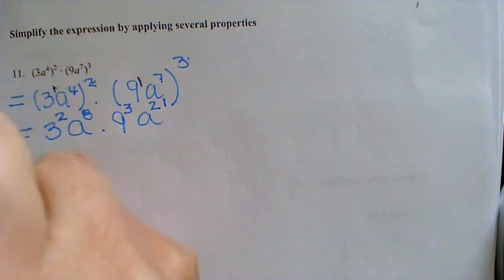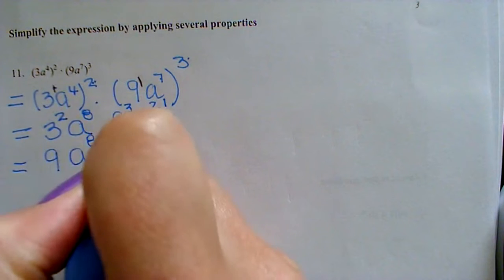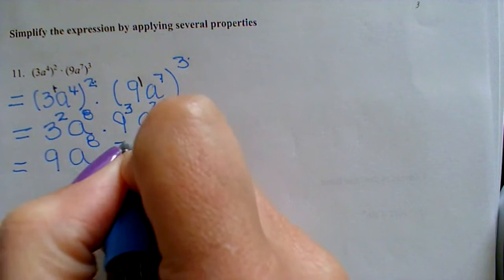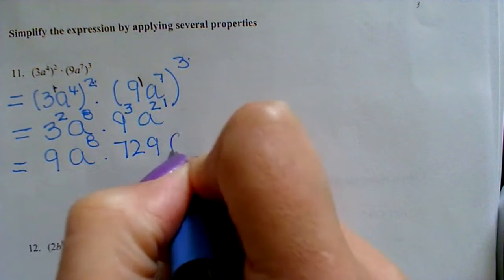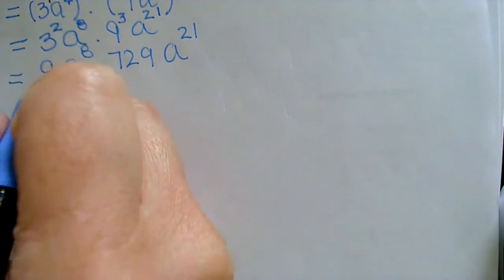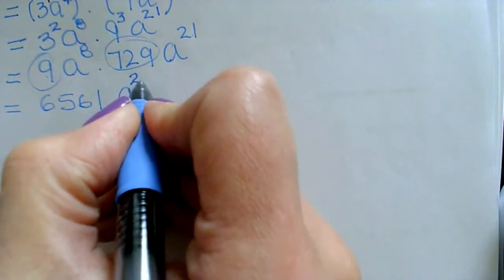All right? So this would be what? 9 times 9, 81, 81 times 9 is 729. So I could multiply these two numbers, which is 6,561. Copy the bases, and I'm going to add the exponents.